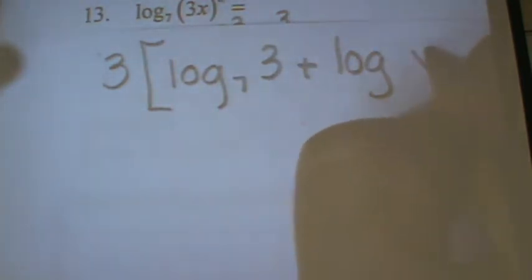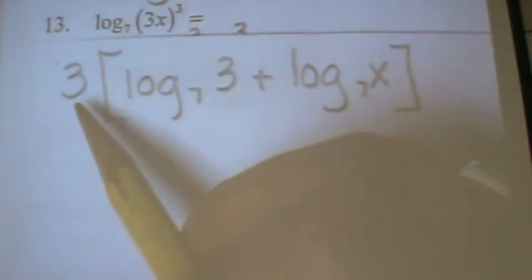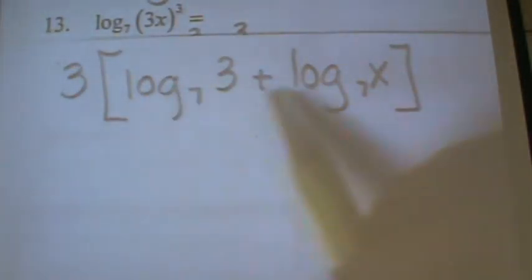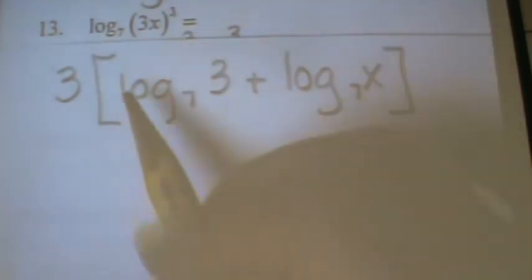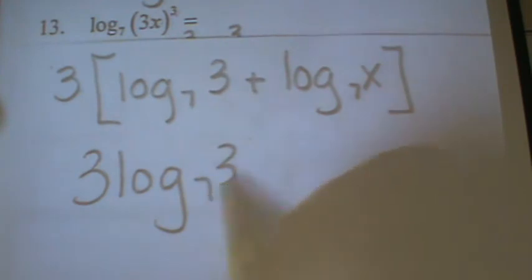Put this 3 in front, and you could write, everybody look at this. What did I do? He brought the 3 in front and made it a product rule, which is the same as the distributive property. This means the same thing.